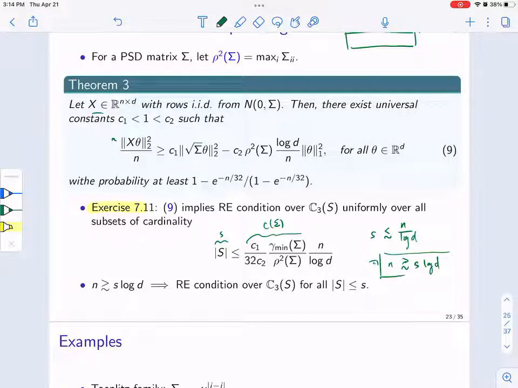So that's the result that I mentioned, that you could get this complexity for any covariance matrix without any correlation assumption. The only thing that you need is that this is not rank deficient.